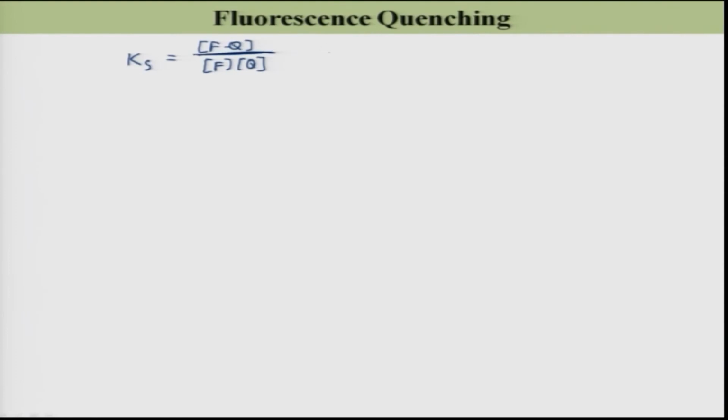So, what I was telling is that when the value of Ks is too small, probably such a situation is not suitable for complex formation.